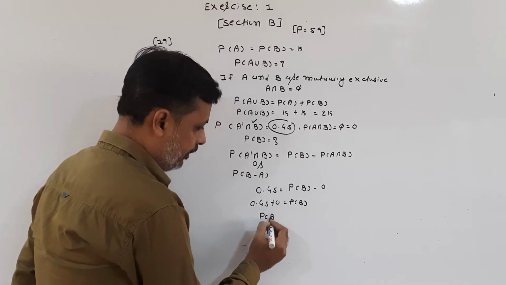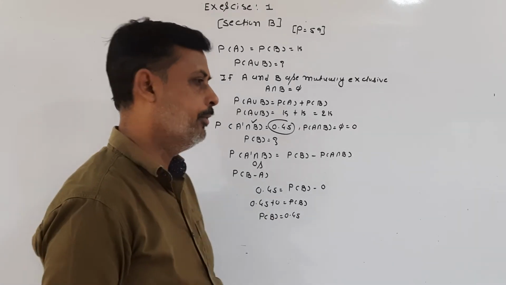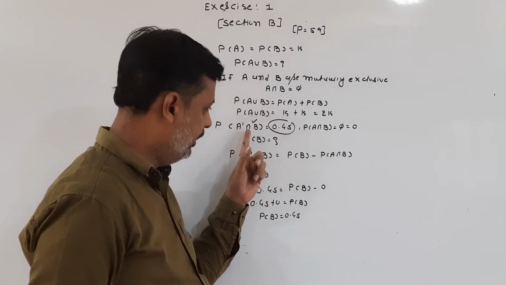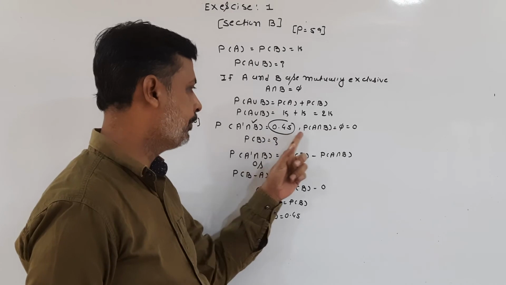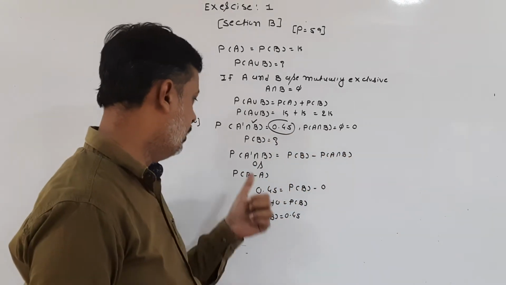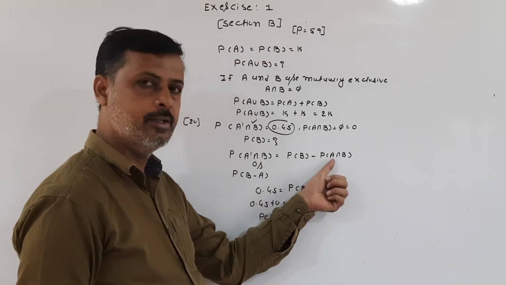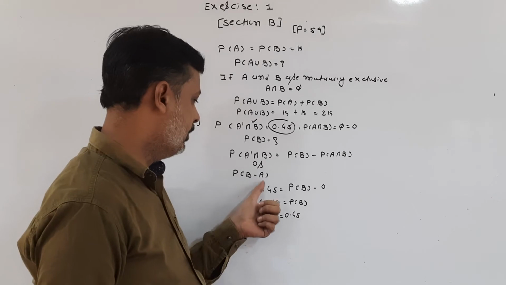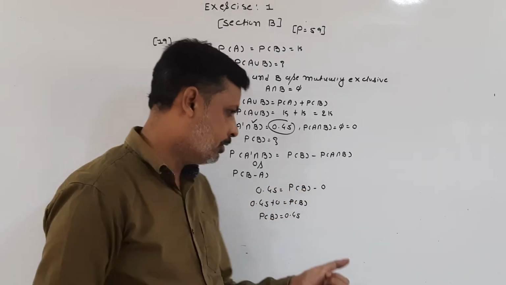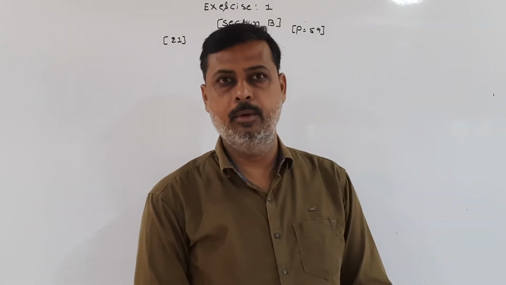So P of B is 0.45. So the final answer is 0.45.